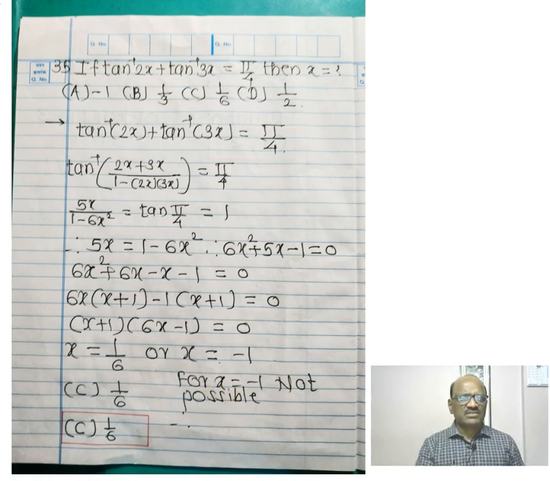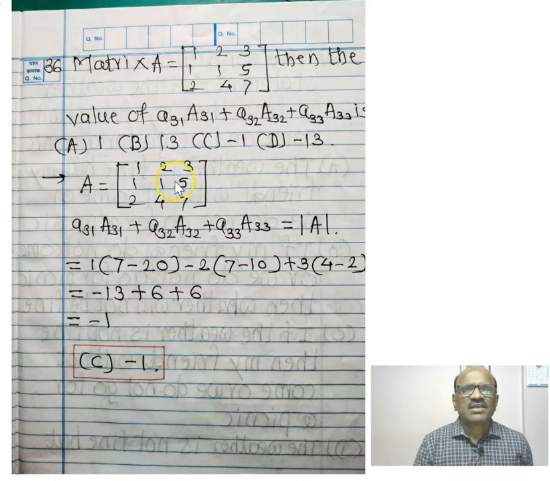Now next question. The matrix A is 1, 2, 3; 1, 1, 5; 2, 4, 7. Then find the value of A31 times cofactor 31, plus A32 times cofactor 32, plus A33 times cofactor 33.